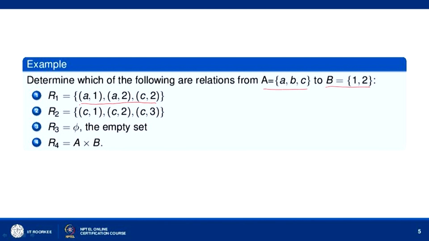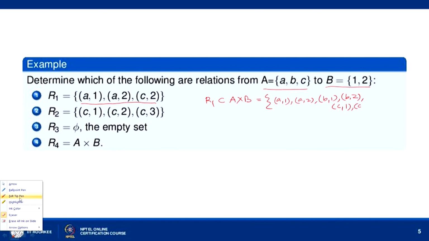You can see R1 is clearly a subset of A cross B. A cross B consists of all the elements (a,1), (a,2), (b,1), (b,2), (c,1), (c,2).